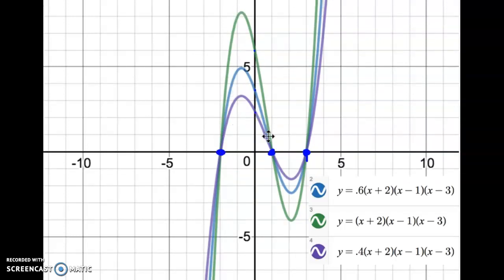The a value is really just affecting the stretch and compression, so it's affecting how high the maxes are and how low the mins are. Because they're stretched, they have different y-intercepts, but they all share those same x-intercepts.